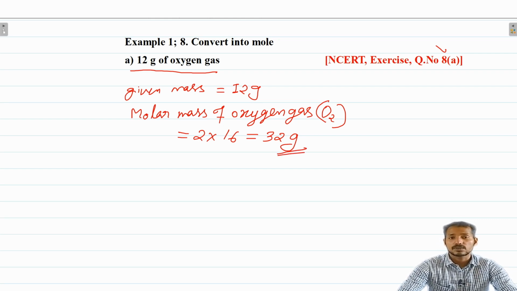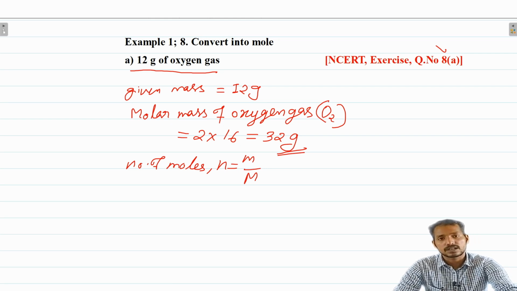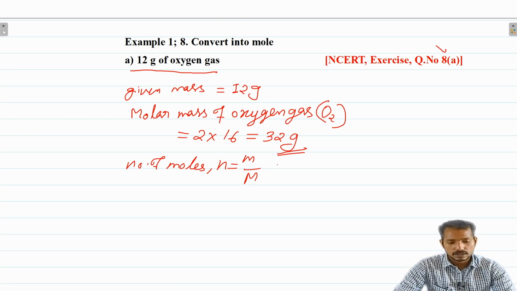The number of moles, convert into mole. Number of moles we will represent with small letter n, which is equal to given mass divided by molar mass, because here the question involves the mass of the substance. So given mass is 12 divided by molar mass 32.